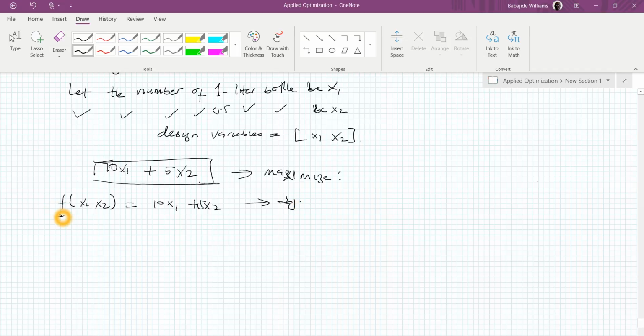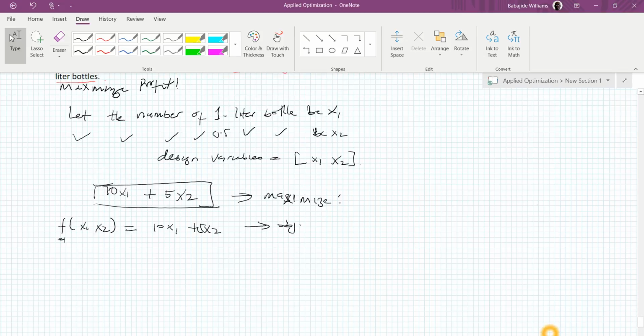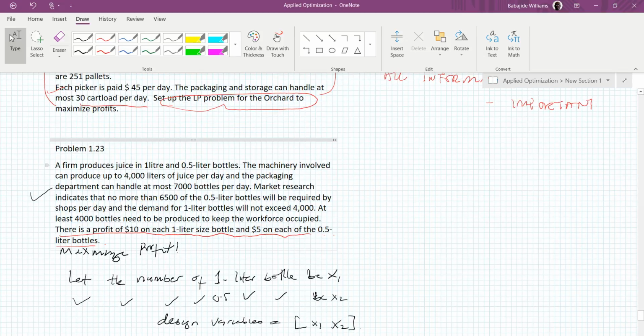Okay, now if you go to the first statement on the question, let's look at that statement again. A firm produces juice in 1 liter. Now, juice is what the container is filled with, not milk, but juice. You need to note that.